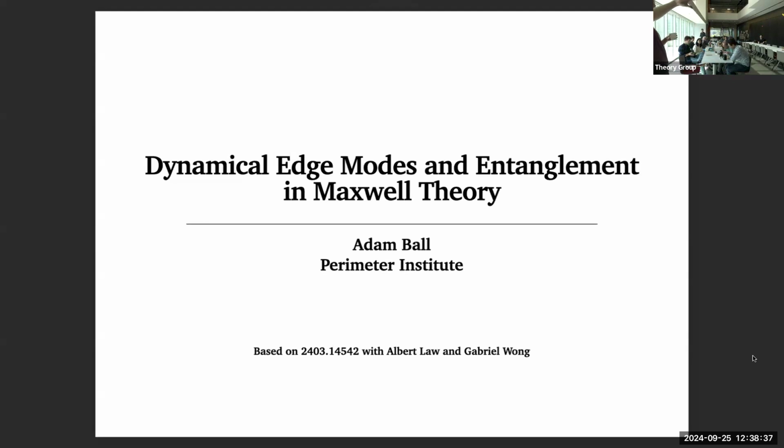The title says dynamical edge modes in Maxwell theory. This is from a paper back in March. But I'm finishing up a paper now, generalizing it to P-form gauge theory, where pretty much all the results go through just the same.